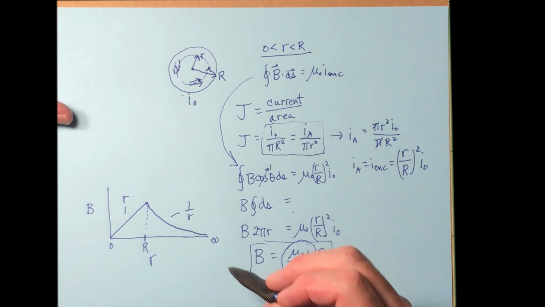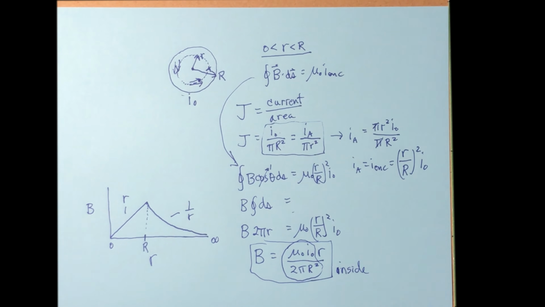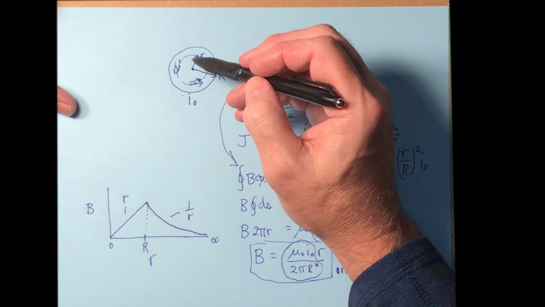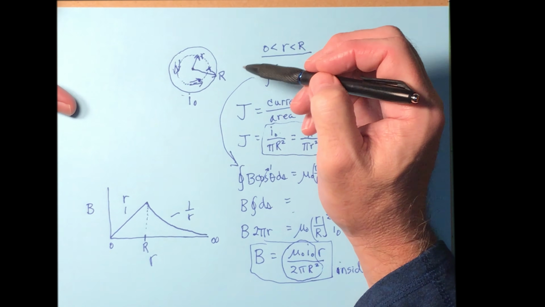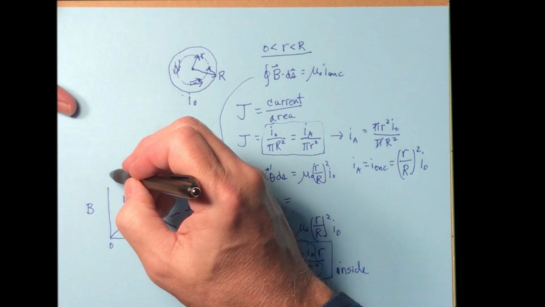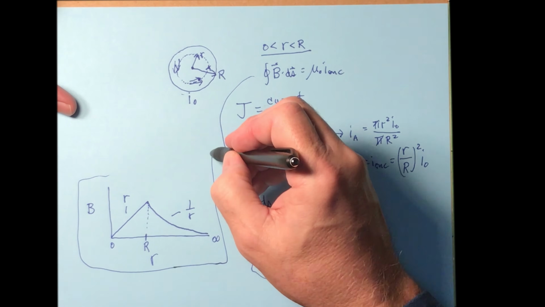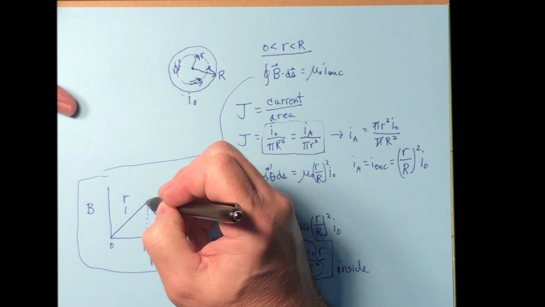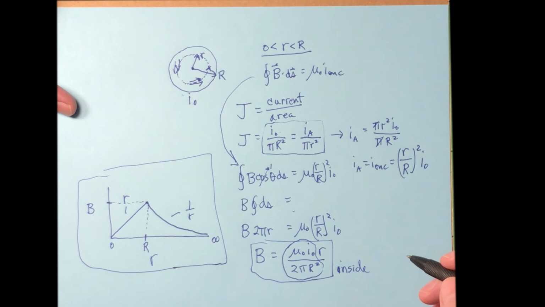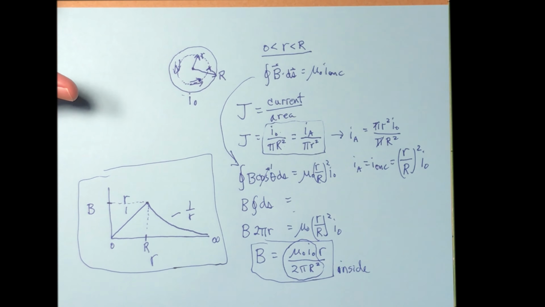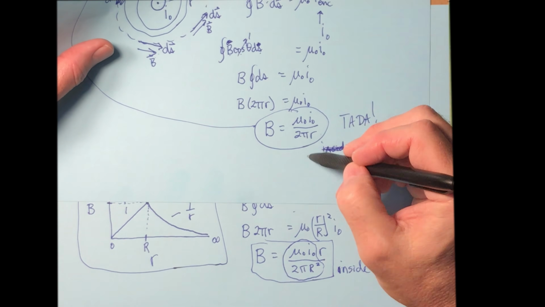Okay? That would be a good exercise for you to know how to do, is how to determine the magnetic field inside and outside of a long current carrying wire and be able to graph it something like this. You could determine what that value is on the vertical axis right there by setting these two things equal to each other.